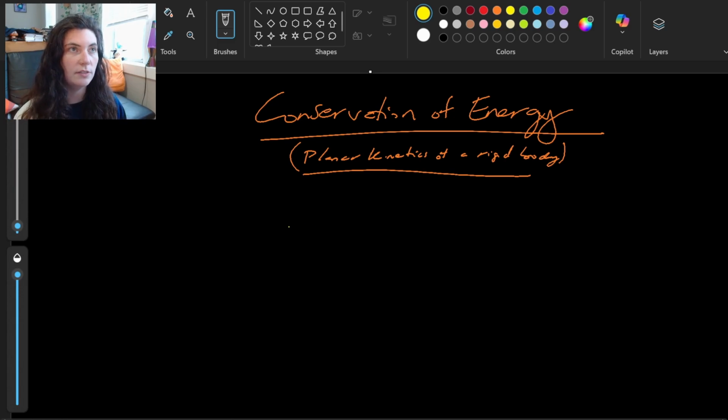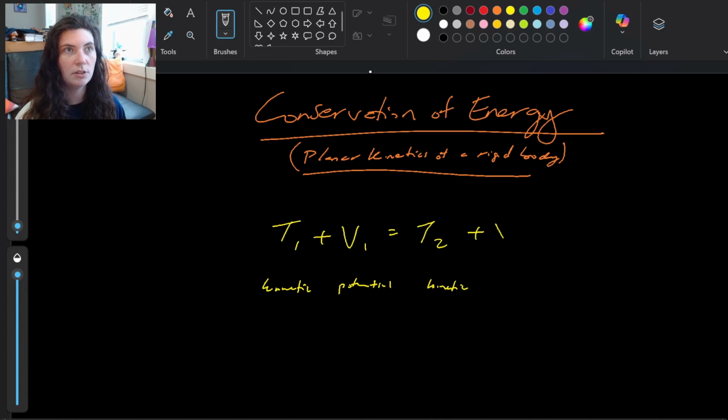So that conservation of energy is T1 plus V1, initial kinetic energy plus initial potential energy, equals the final kinetic energy, T2, plus the final potential energy, V2.